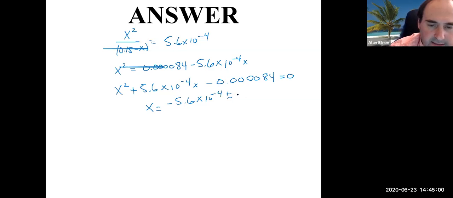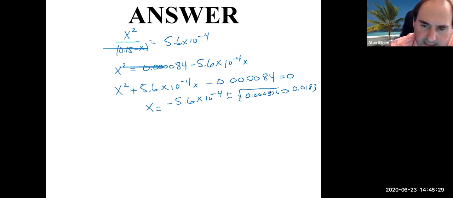Putting it into our quadratic gets us something like x is equal to minus b plus or minus the square root. If you clean up the square root, I believe you get 0.000336 inside. And then if you take the square root of it, you get 0.0183.